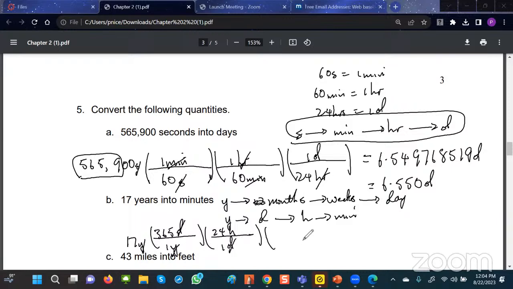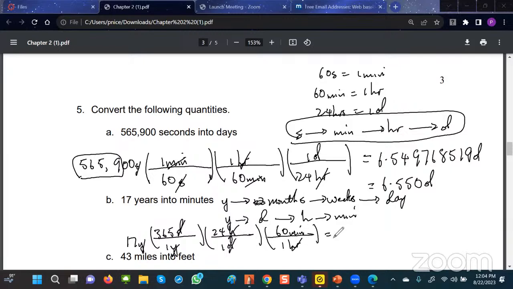All right. Next conversion factor, going from hours to minutes. 60 minutes above, 1 hour below, and that's it, right? This unit will cancel out with this.